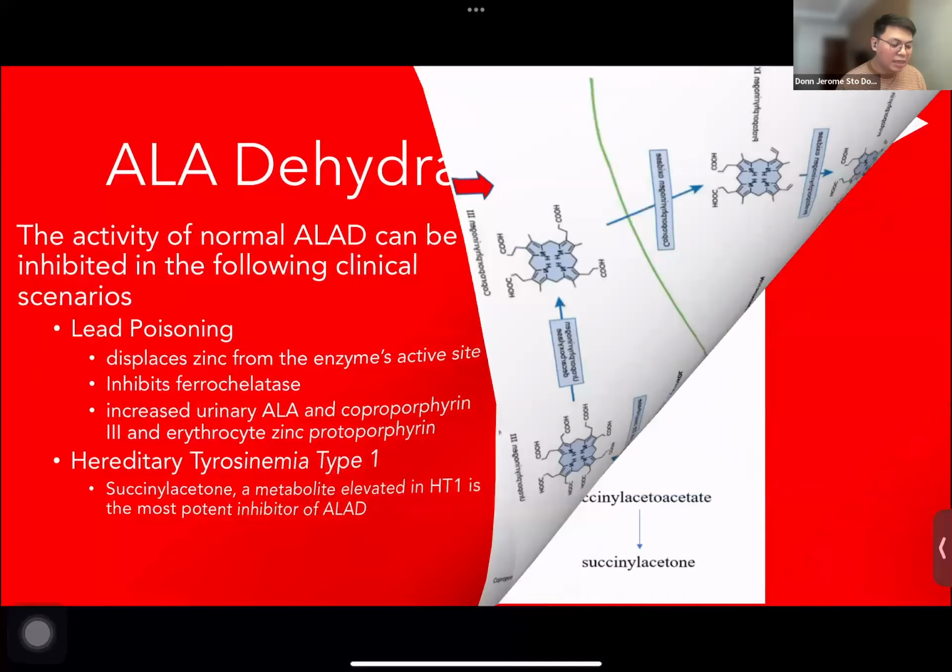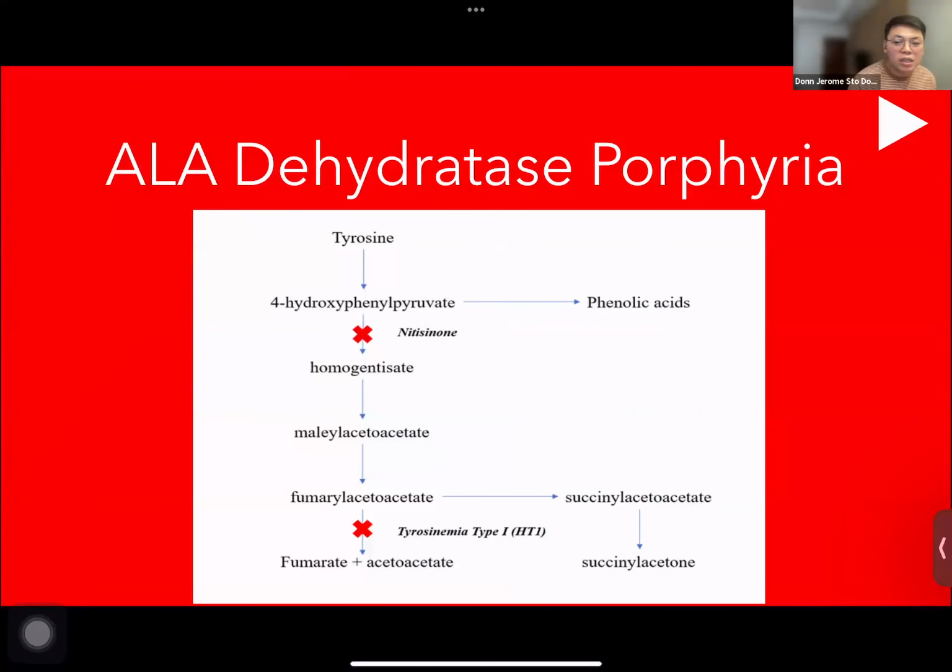Ito po. In hereditary tyrosinemia type 1, you have a problem converting fumarylacetoacetate to fumarate and acetoacetate. The enzyme needed there, please remember, fumarylacetoacetate hydrolase.